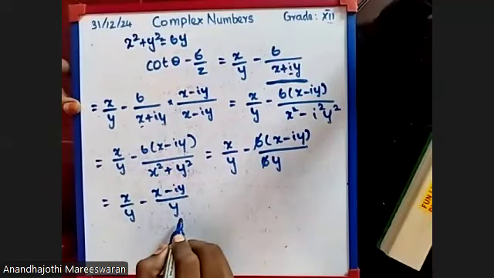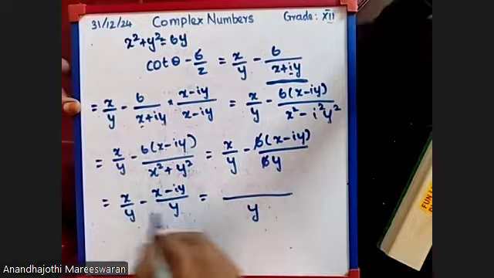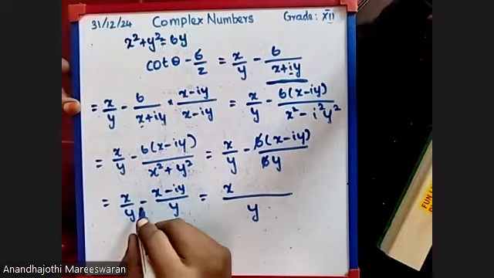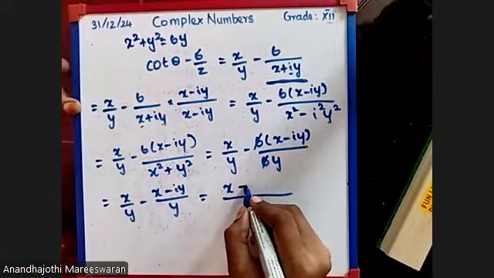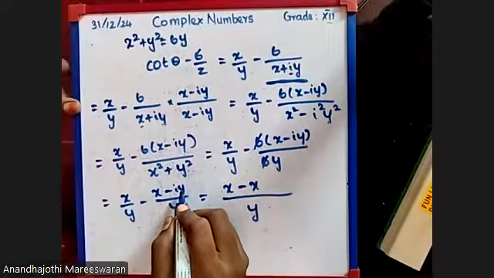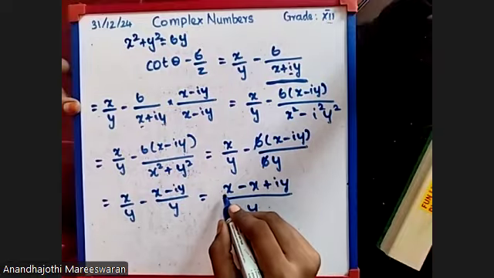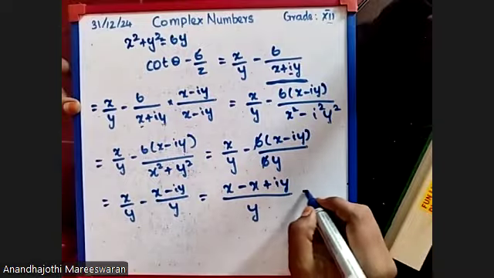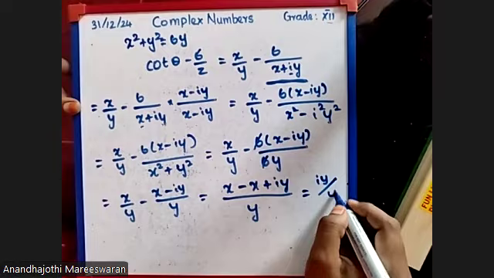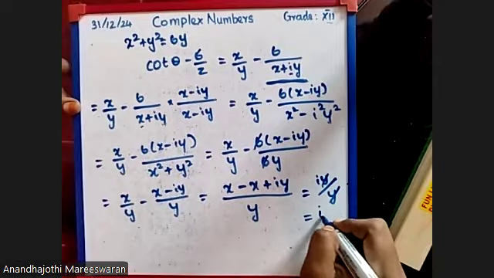So they both have a common denominator, so I take this down, y. So numerator will be x minus i minus of minus iy will be plus iy. So x minus x, 0, which is equal to iy divided by y. iy cancel. So final is i.